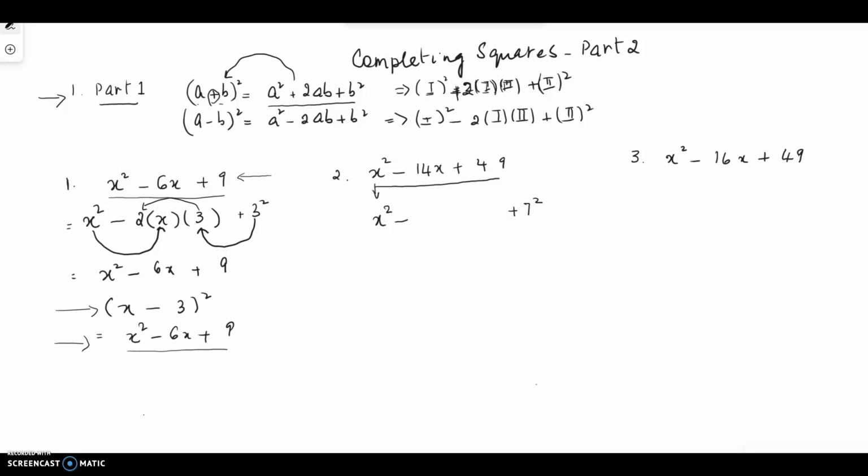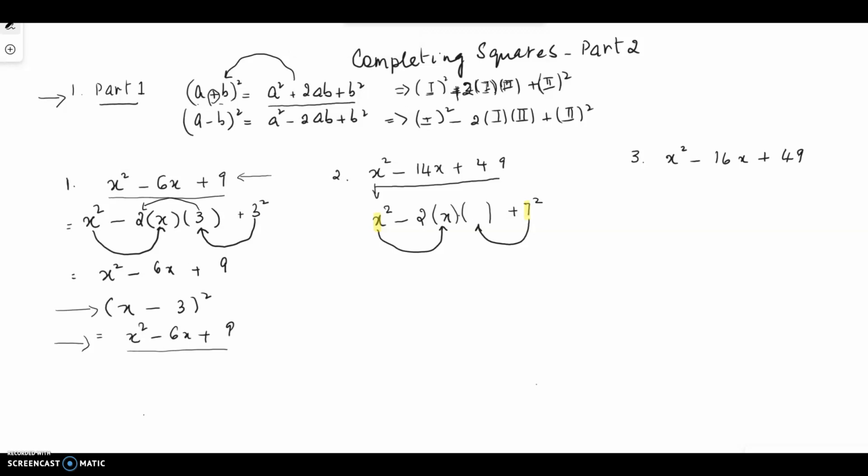If this were a perfect square, the middle term would have to be twice the product of the term here and the term here without the square. So there would have to be just the x and the 7. They need to fit in here.